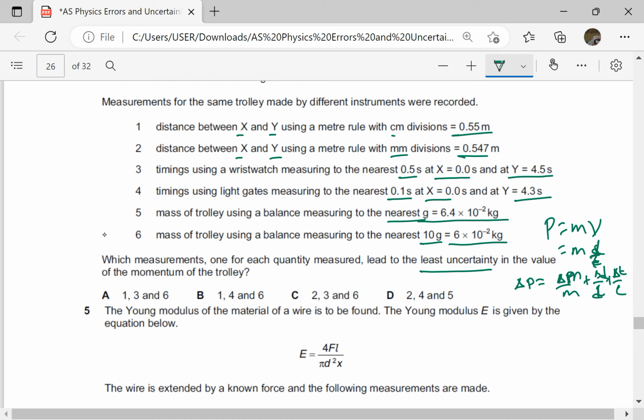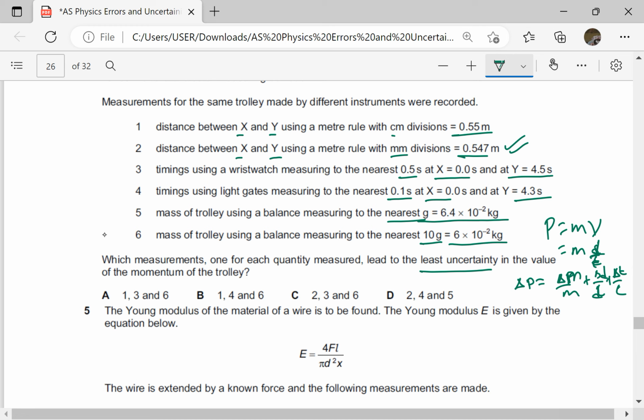So which measurement, one for each quantity measured, leads to the least uncertainty in the value of the momentum of the trolley? When I use distance between X and Y using a meter rule measuring millimeter values, that means the distance uncertainty is smaller here, because it has a smaller least count.